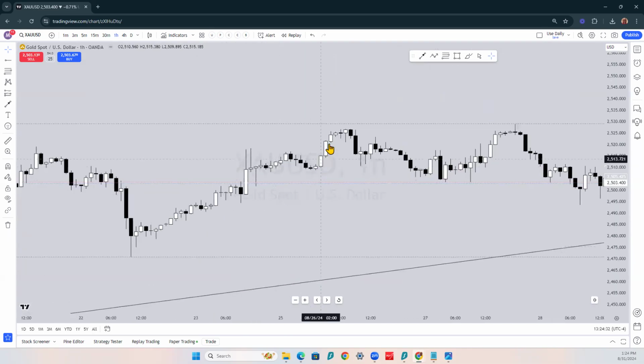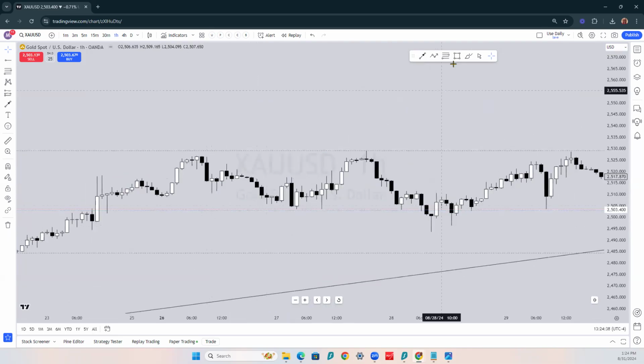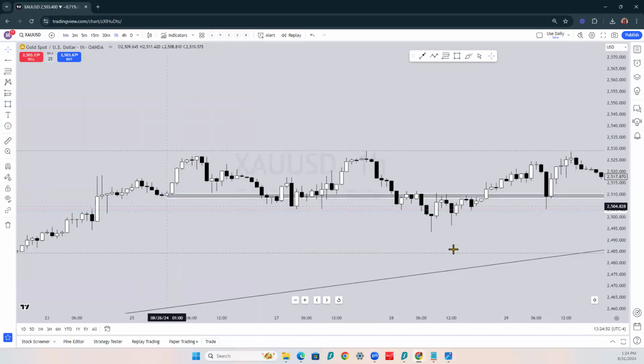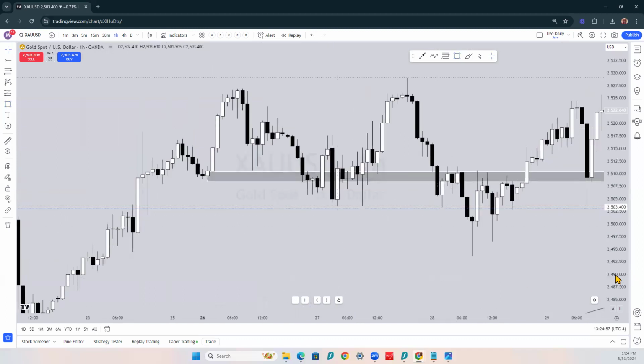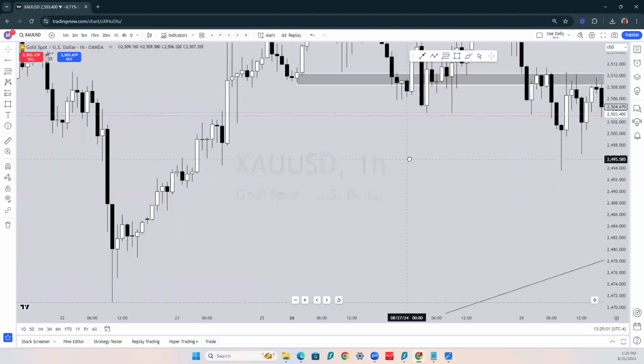Okay, so when you see all of this here, you're going to put a box at the bottom of this area here. Stretch it to the right and try to find your supply and demand areas, okay? Support and resistance areas, all right?